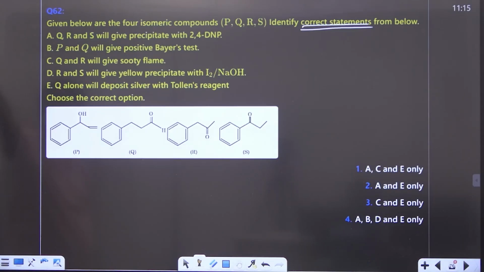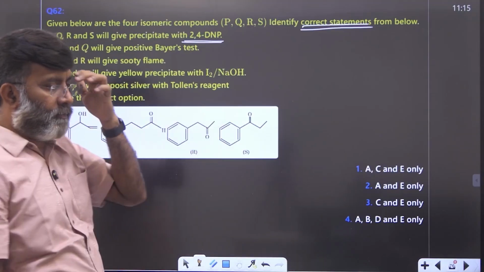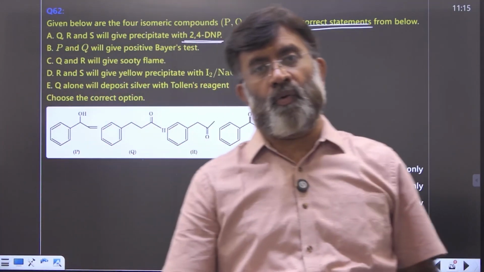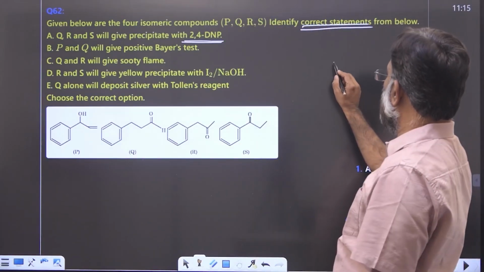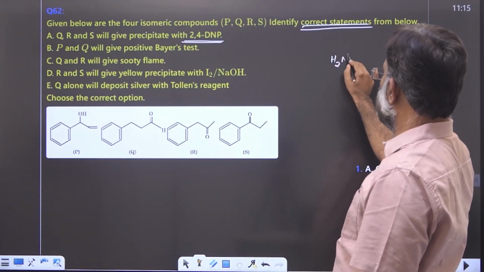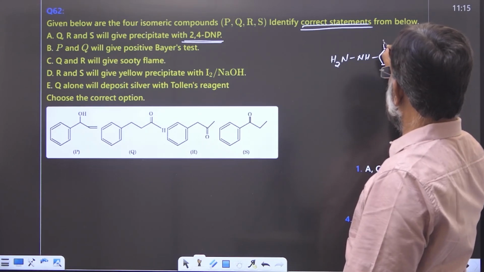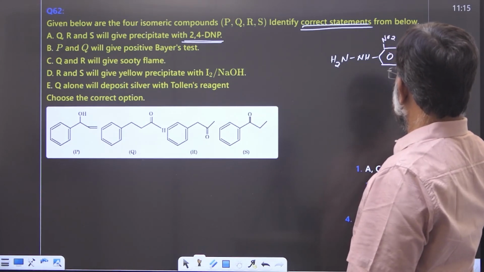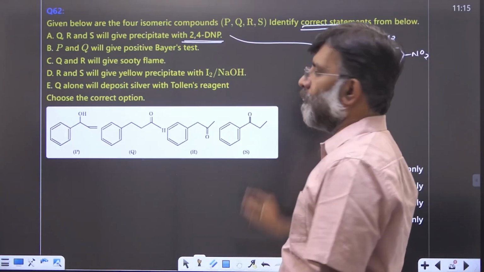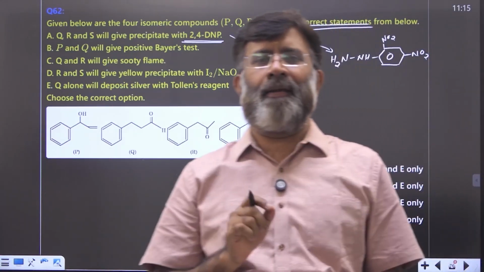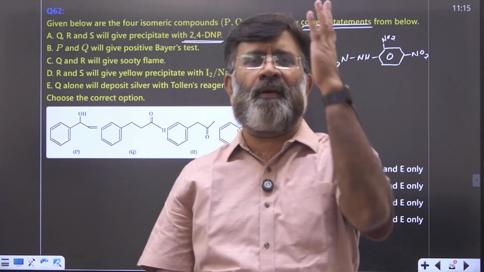QRS will give precipitate with 2,4-DNP. I'm sure all of you remember 2,4-DNP, 2,4-dinitrophenylhydrazine, the molecule H2N-NH. Reaction of aldehydes and ketones with ammonia and derivatives: we are learning 7 reactions.